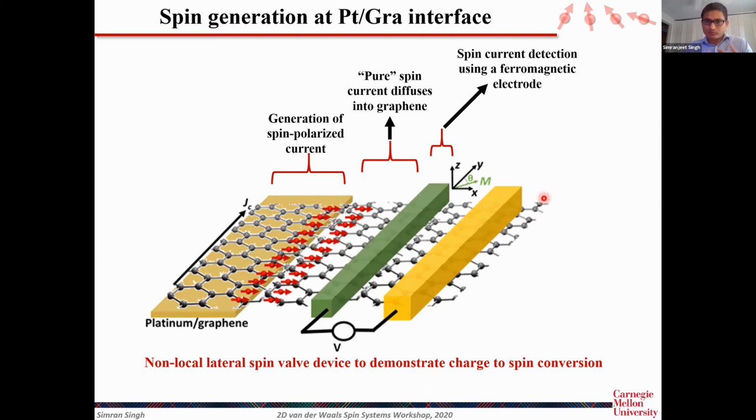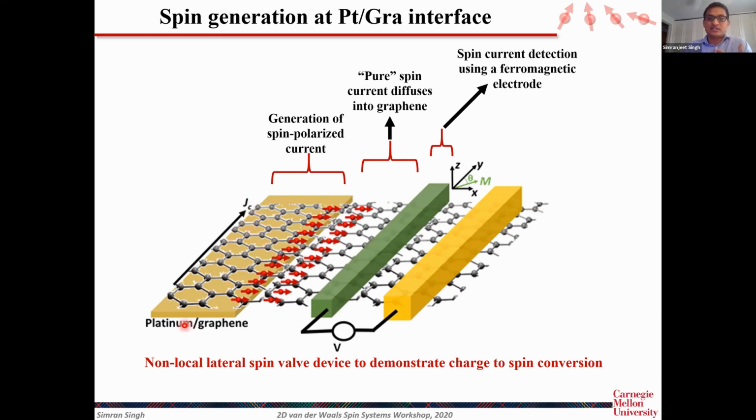Now, very naively thinking, because we have platinum, which is a heavy metal, if I apply a charge current through it, because of the spin Hall effect, you are going to induce spin currents on the top and bottom interfaces, and the spin polarization depends on the direction of the applied charge current.